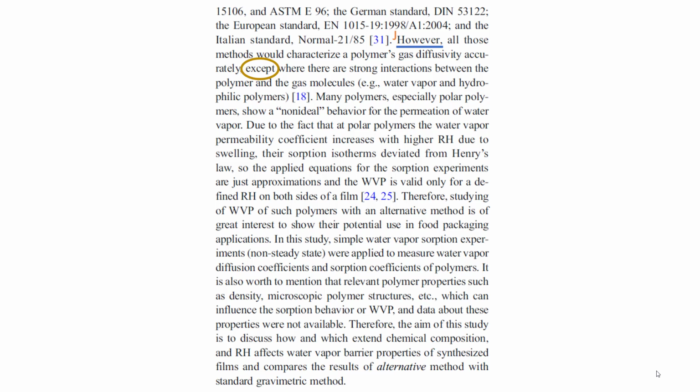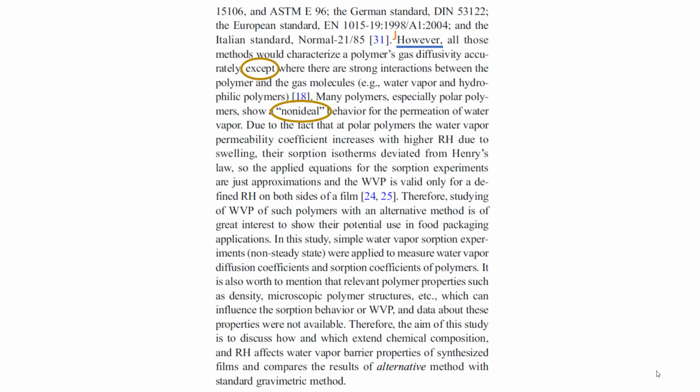There's water vapor in there, and you have these hydrophilic polymers around them. Those are the times when these measures may not be accurate. So that's going to be a problem. You've got measurements, but they are not always accurate. And they may show a non-ideal behavior. In other words, they won't be as predicted.